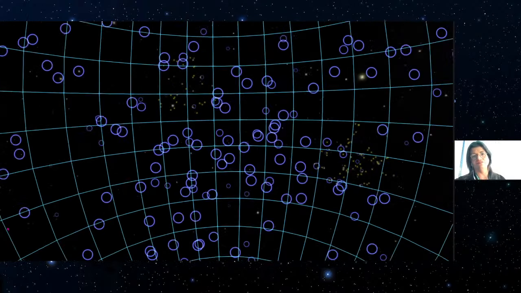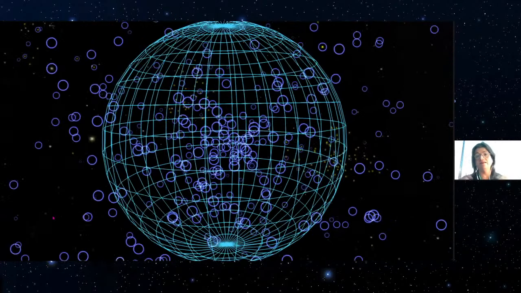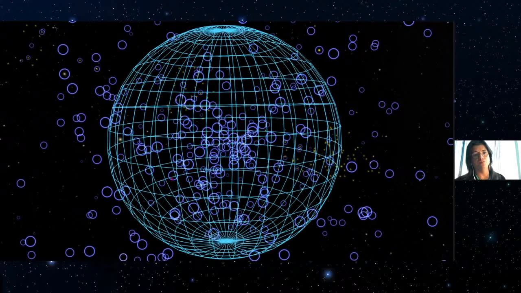We can't go at infinite speed. The fastest anything can go is the speed of light, and of course, rockets are much, much slower than that, fractions of a percent of that. So if Earth is in the center, this is as far as we've sent signals.